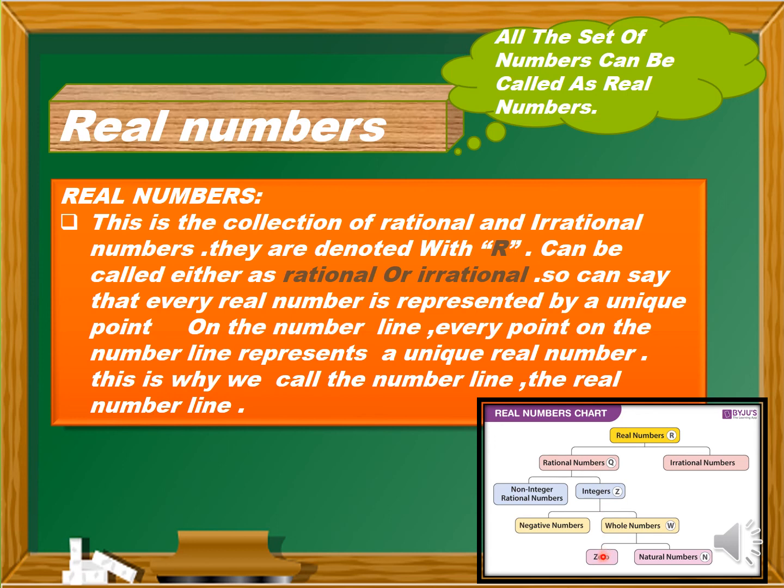Whole numbers have 0 and natural numbers, that is 1, 2, 3, and 0. Whole numbers plus negatives, that is 0, 1, 2, 3 plus negatives, gives you integers. Integers and non-integer rational numbers give you rational numbers, and rational and irrational numbers give you real numbers.